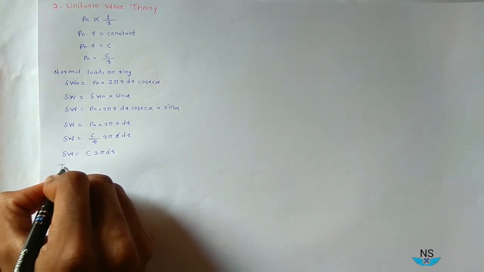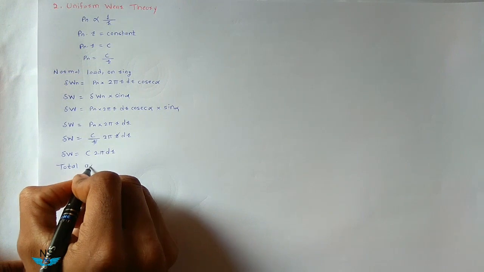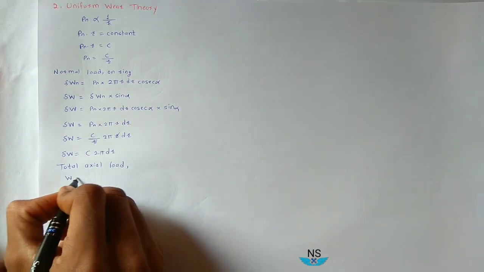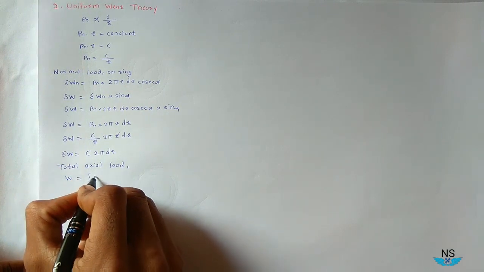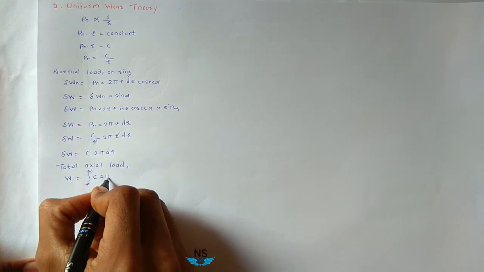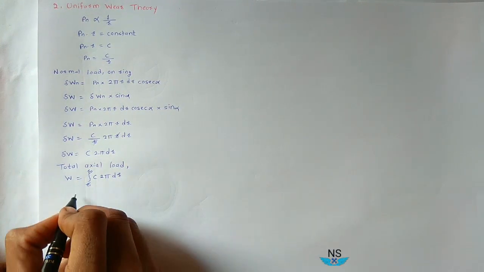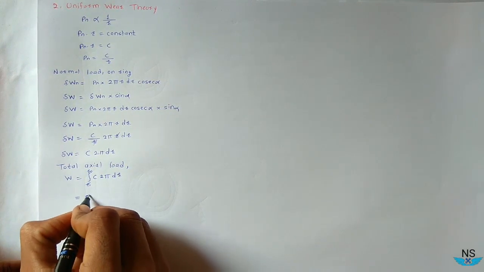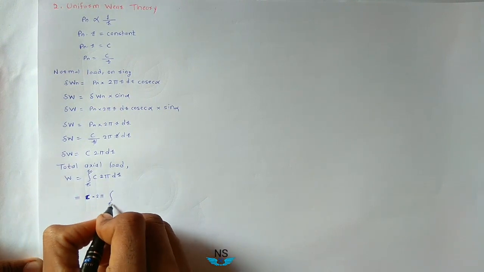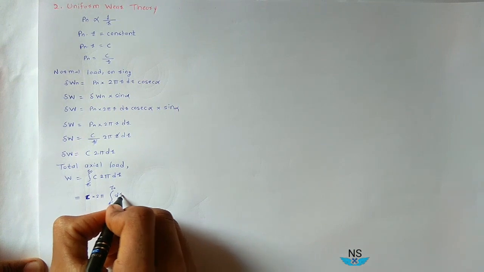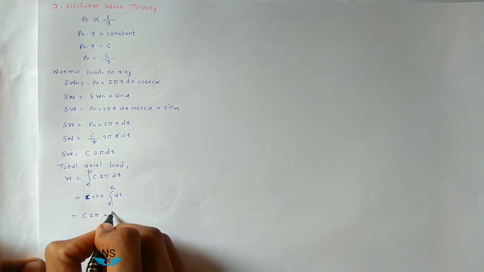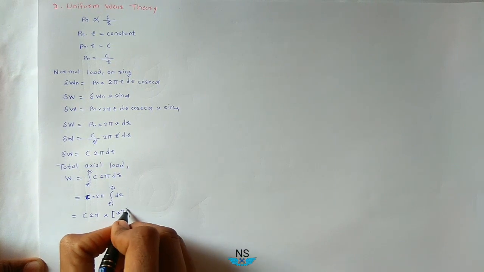Now for total axial load, take an integral. So W is equal to integral from Ri to Ro, C into 2 pi dr. Now C and 2 pi are constant, so integral of dr is r from Ri to Ro.